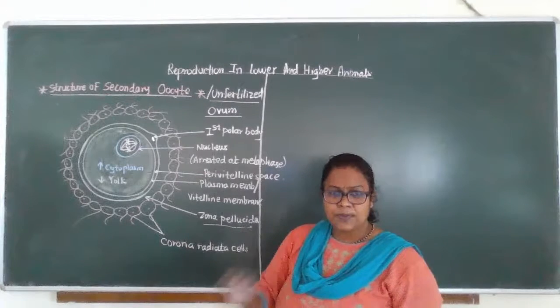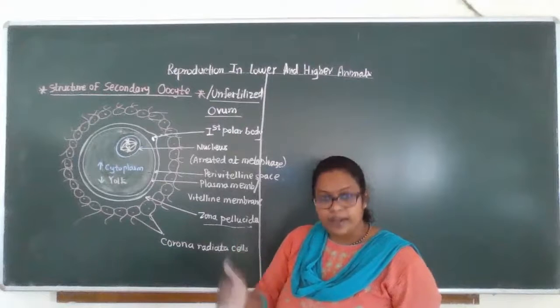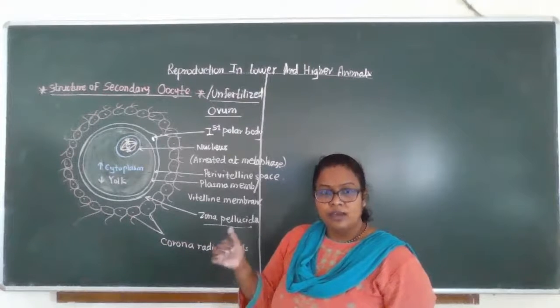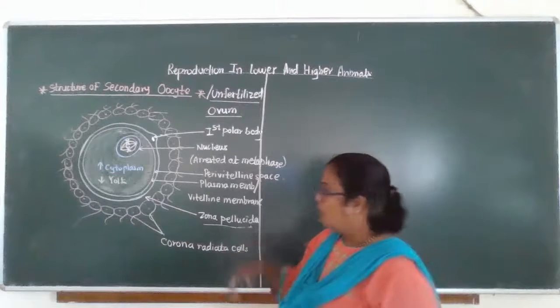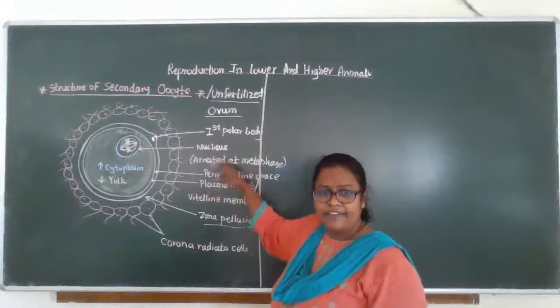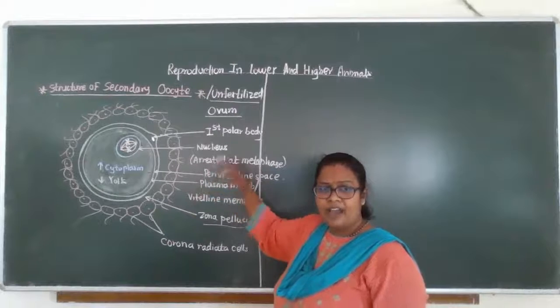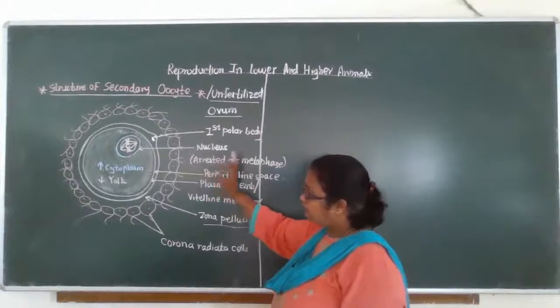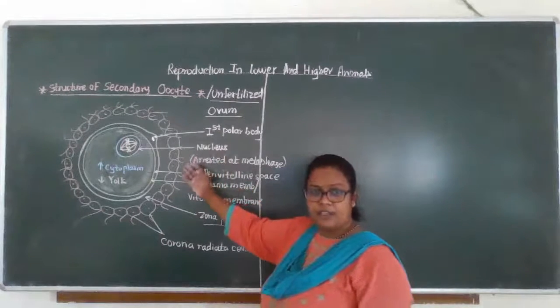And this is species specific. Specificity is very important during the fertilization process. Sperm of other species can't fuse with it, so it is very specific, right?